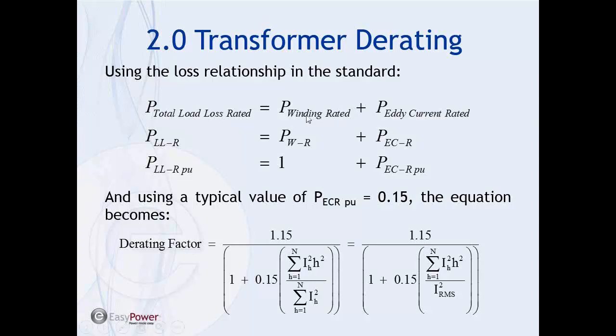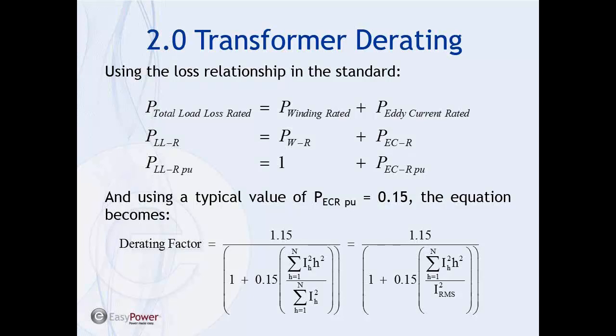The winding rated losses are in this item called P winding rated. And then this last term is the eddy current rated losses. These are the three main loss figures that are incorporated in the C57-110 standard.